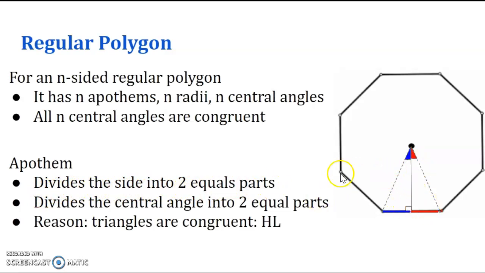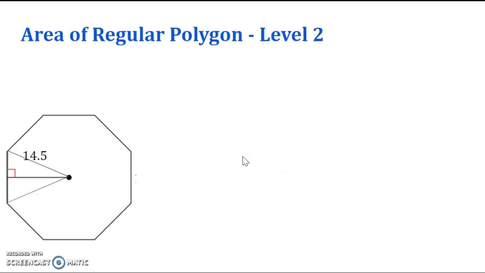So we are going to use these facts to calculate the area of a polygon, level 2. First thing is, when we're given the radius, in this case just the radius 14.5 of this triangle, then we can divide the polygon into however many triangles.